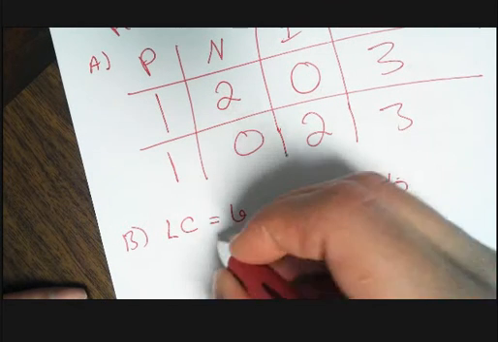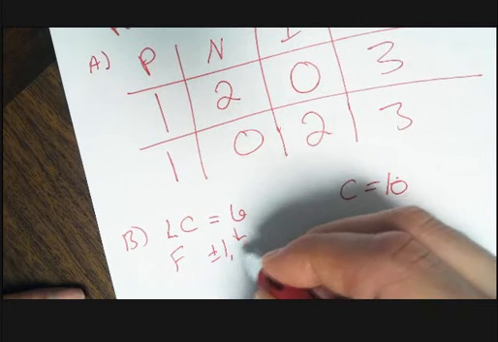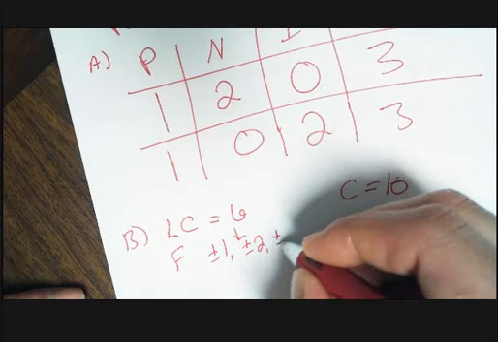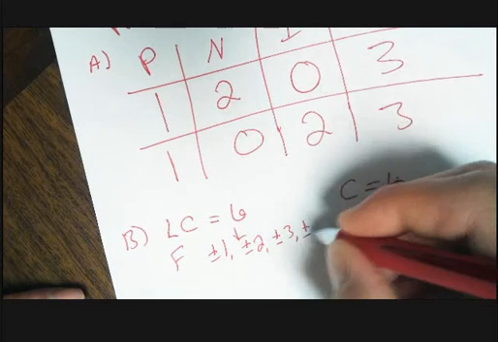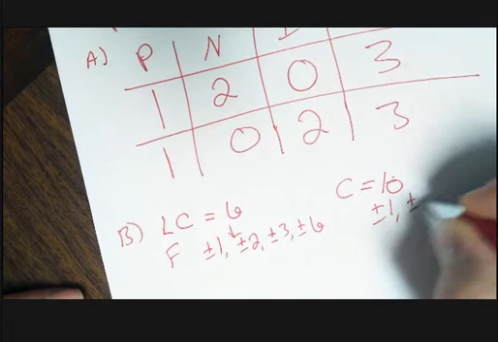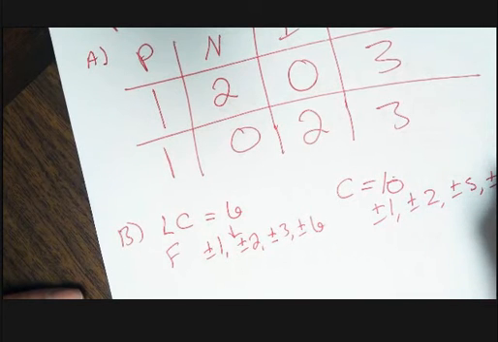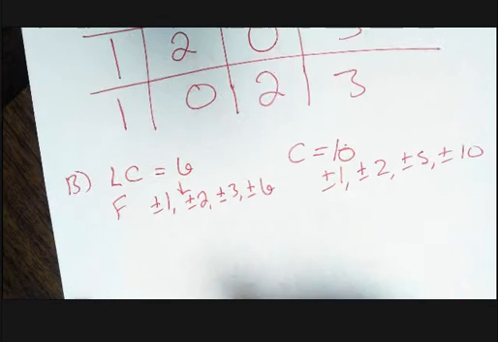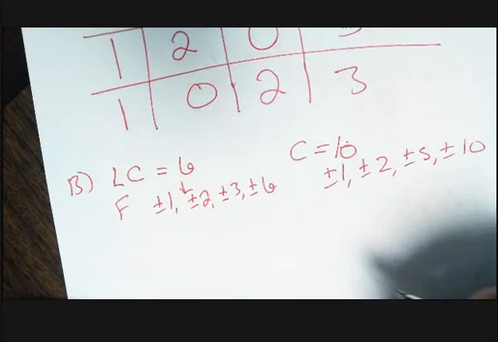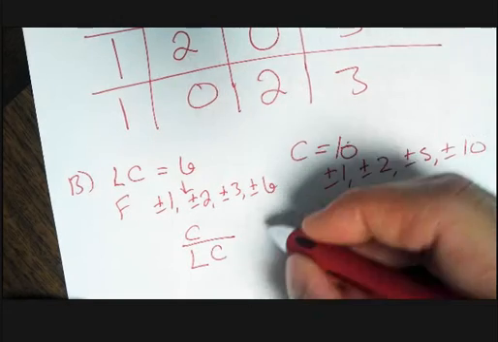So here our factors are going to be plus or minus 1, plus or minus 2, plus or minus 3, plus or minus 6. And then for 10, we have plus or minus 1, plus or minus 2, plus or minus 5, plus or minus 10. Okay, and then the rational root theorem rule says we're going to do the constant divided by the leading coefficient.